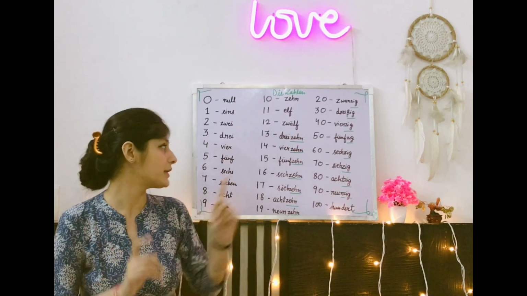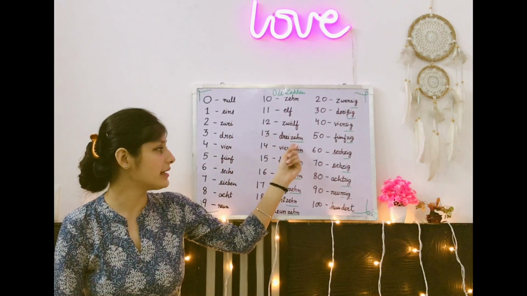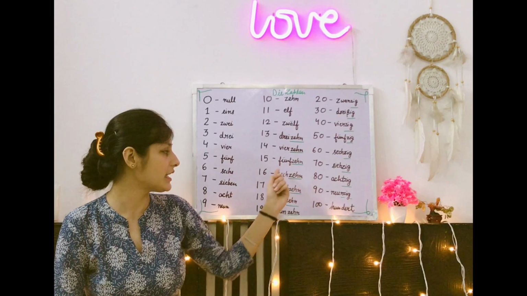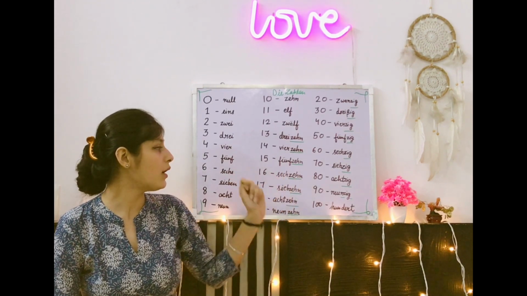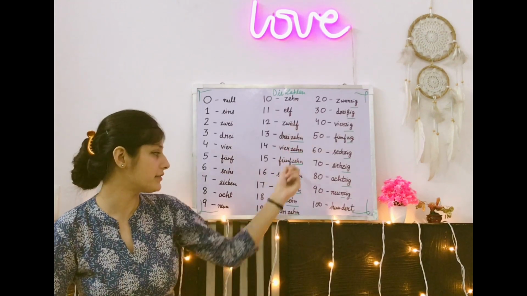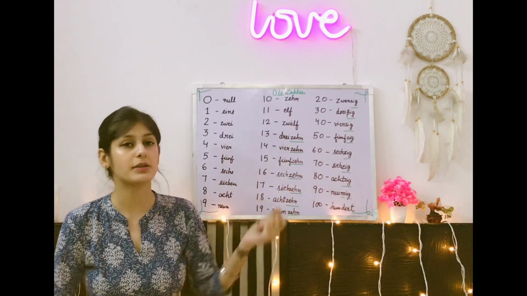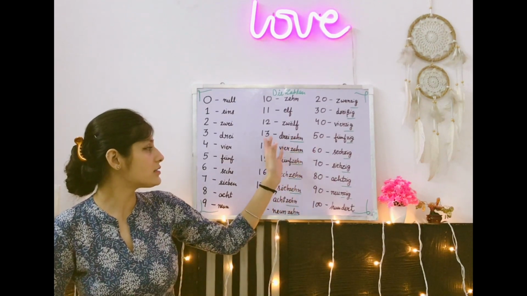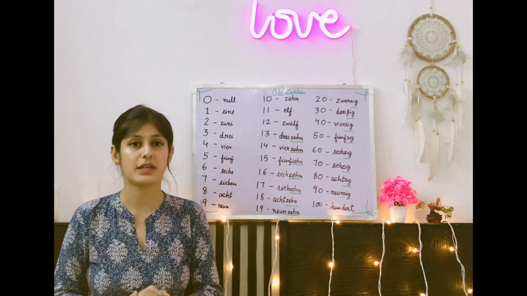So here it's 13, 14, 15, 16. Now the zehn, which is the 10, is coming everywhere. I have highlighted it with green color so you can see it. So it's very easy.